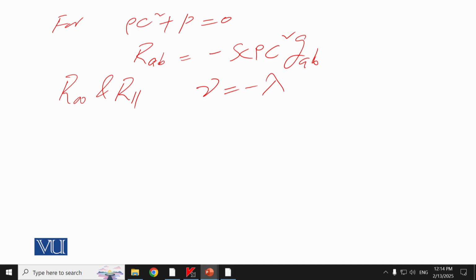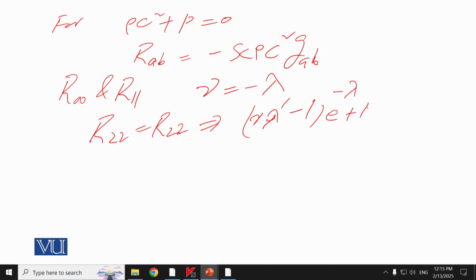Okay. When we use R22 from the Ricci tensor formula and the field equations, then we can find that (r lambda prime minus 1) e raised to power minus lambda plus 1, that is, minus r e raised to power minus lambda prime plus 1, is equal to kappa rho c square r square.